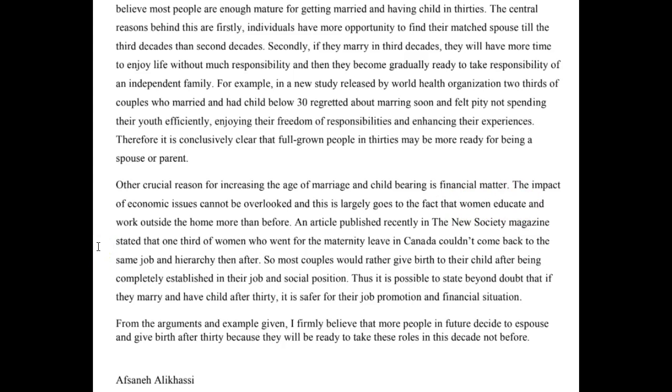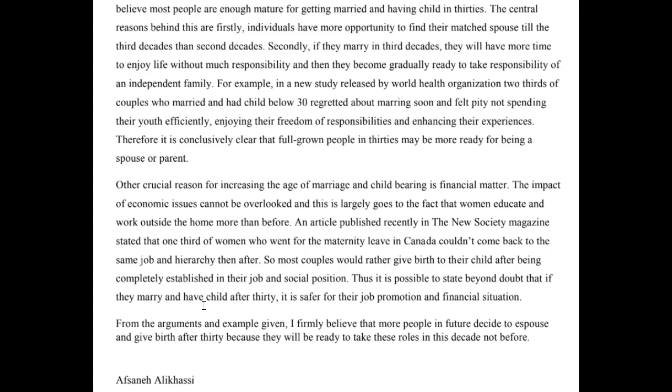An article published recently in the New Society magazine stated that 1/3 of women who went for maternity leave could not come back to the same job and hierarchy than after. So, most couples would rather give birth to their child after being completely established in their job and social position. Thus, it is possible to state beyond doubt that if they marry and have a child after 30, it is safer for their job, promotion, financial situation.